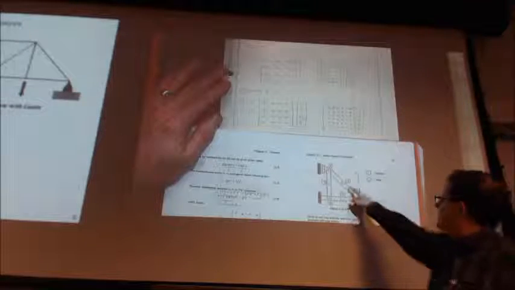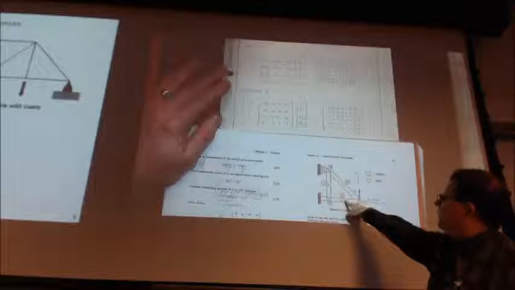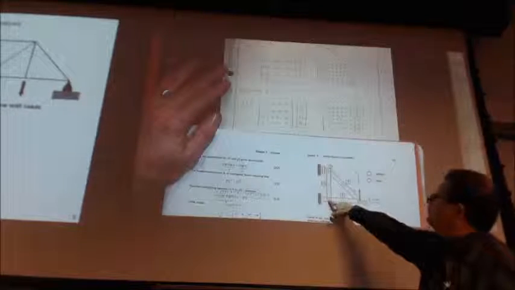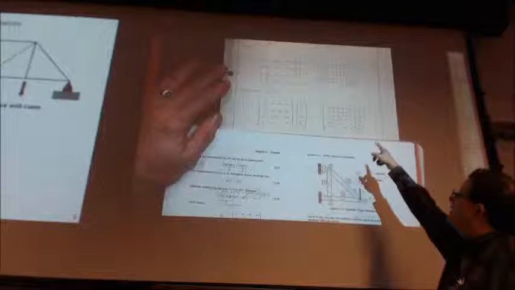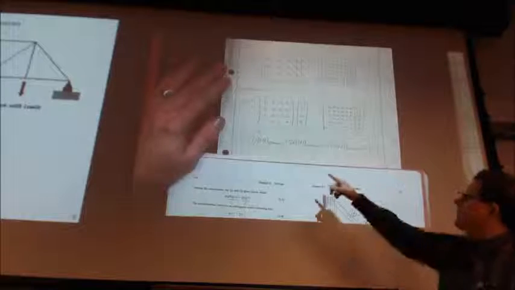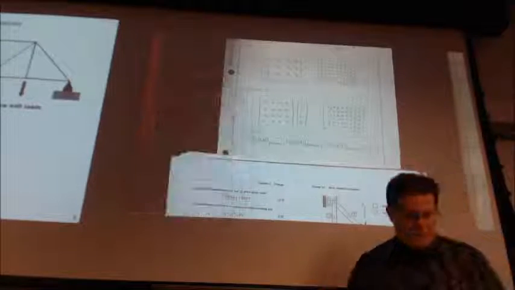So element 3, again, we're horizontal, we're in line. So node 1, node 2, set up our matrix, expand it out to 6x6, and then we can add them all together.